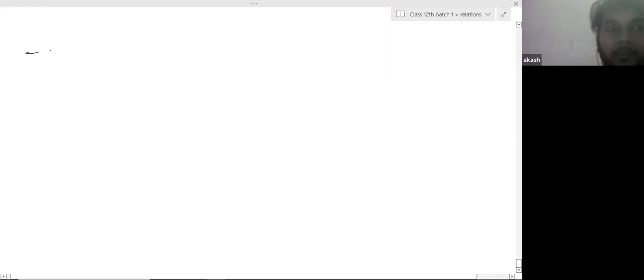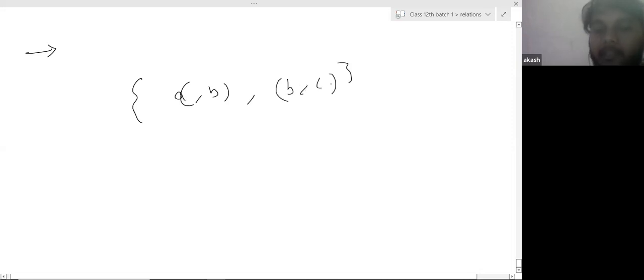Let me make you understand transitive once again. I think there are still some gaps in the concept. Transitive says if you have A comma B and B comma C, it is not saying that you must have both. It is saying that if you have a scenario where you have both A comma B and B comma C, the second element of one and the first element of the other both being there in two ordered pairs, then you must have A comma C as well.